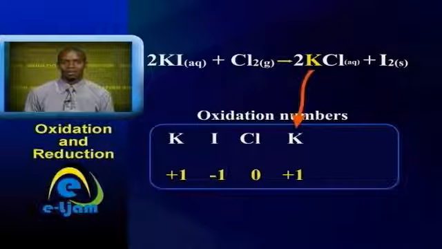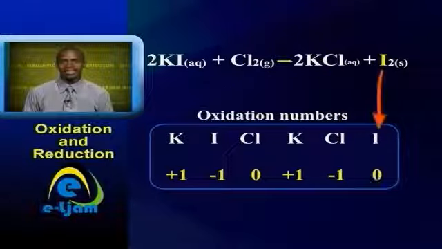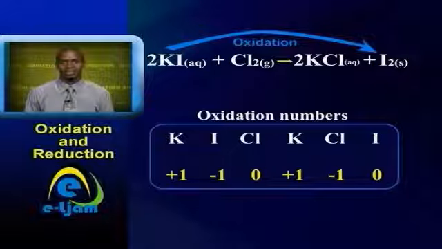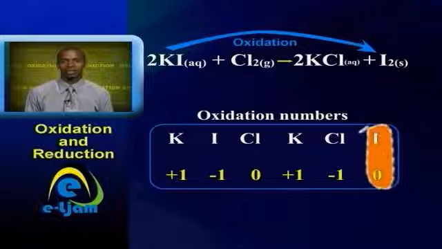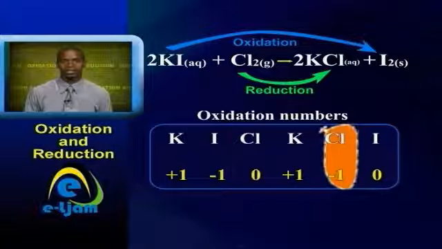Potassium in potassium chloride +1, chlorine in potassium chloride -1, and iodine in the solid 0. Iodine has been oxidized since the oxidation number of iodine atoms increased from -1 to 0. Chlorine has been reduced since the oxidation number of the chlorine atoms decreased from 0 to -1.